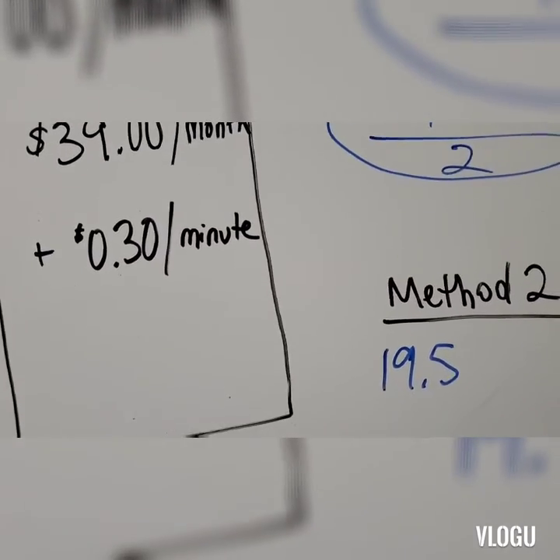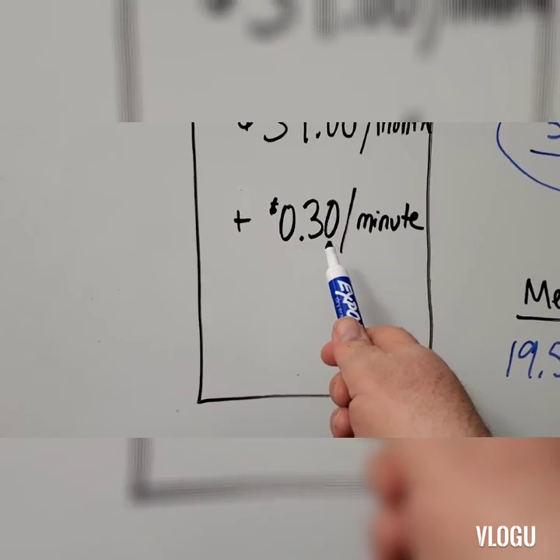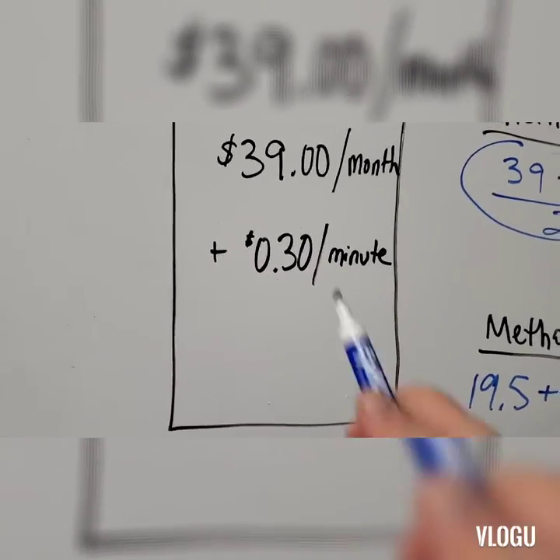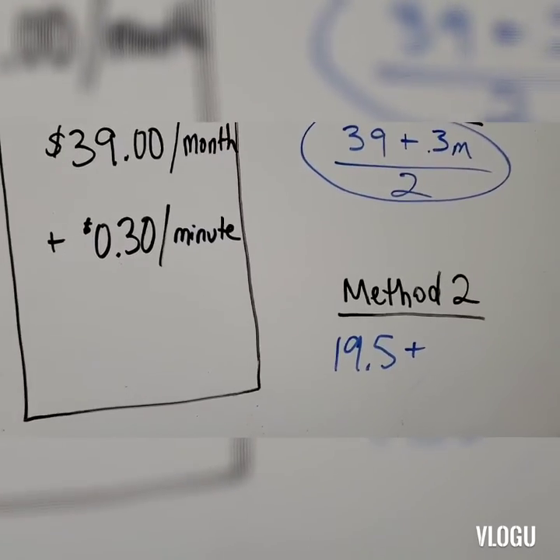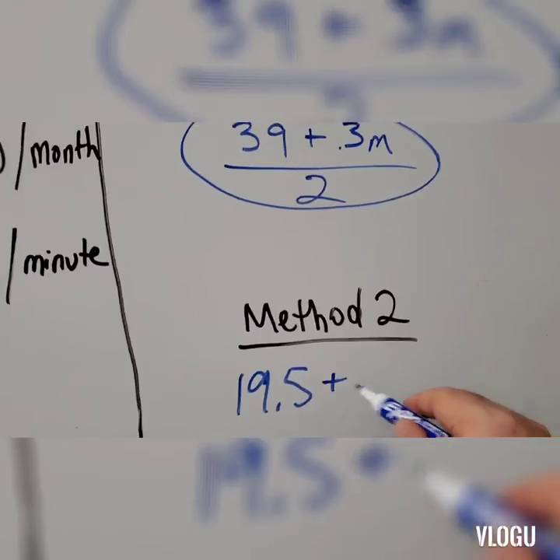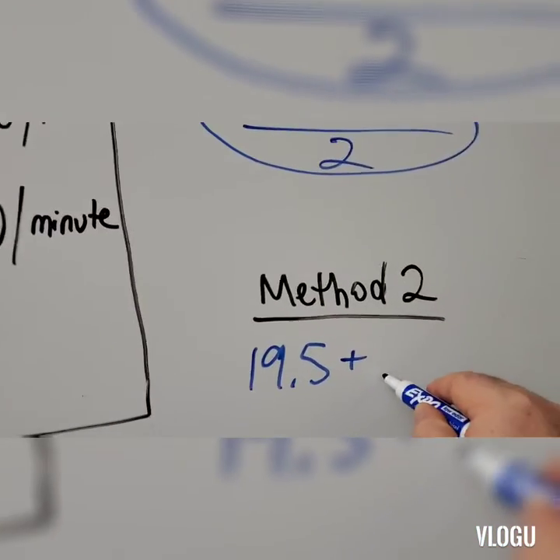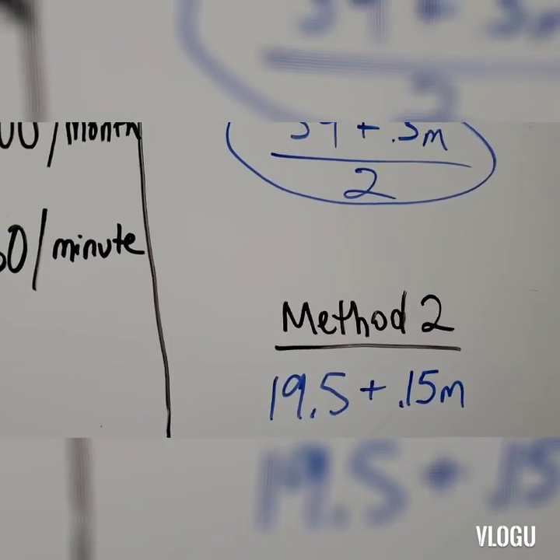You're going to add to that, because you're splitting this in half too. You're splitting 30 cents per minute in half. What's 30 cents in half? 15 cents. So it's plus 15 cents per minute.